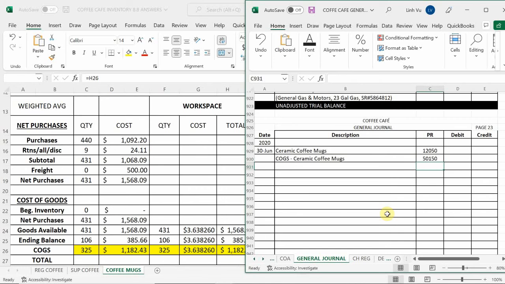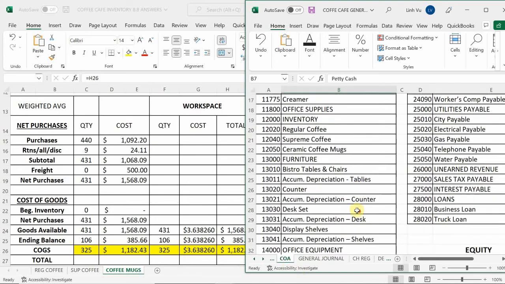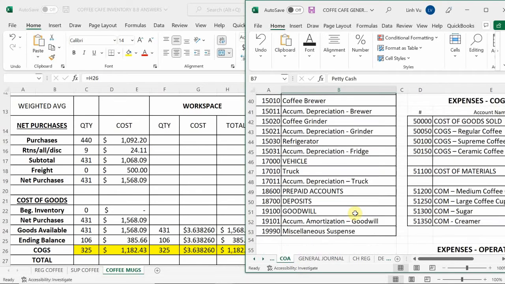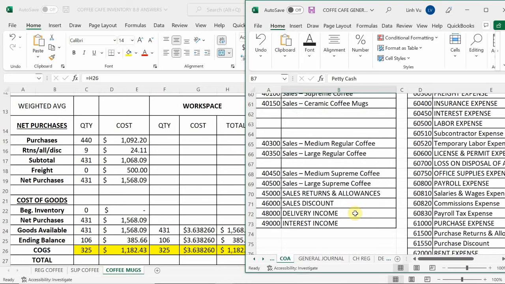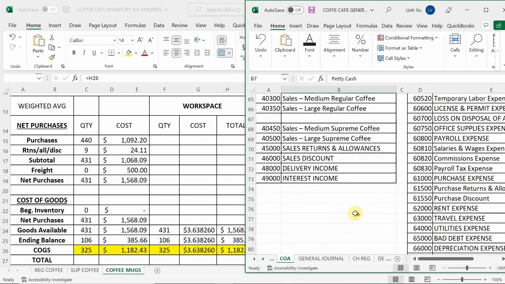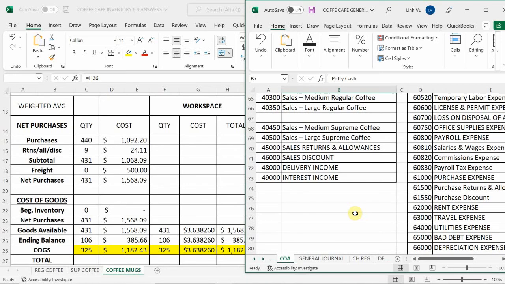I meant, how did I record my periodic inventory? Okay, is that purchase expense? Purchase expense and freight expense, right? Right. So let's see, that is 6,300 for freight expense, and then 61,000.